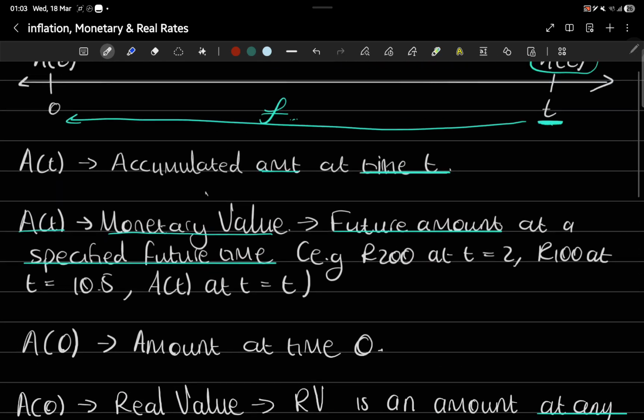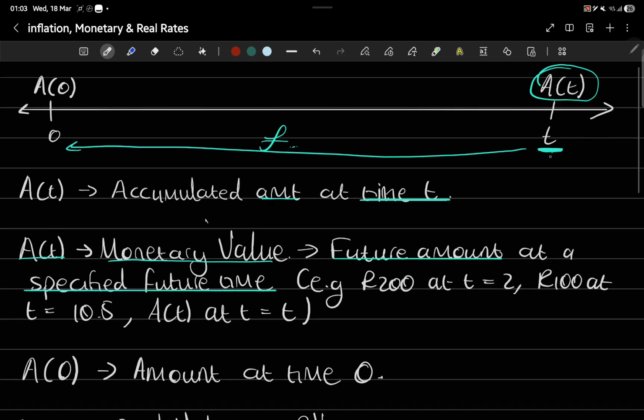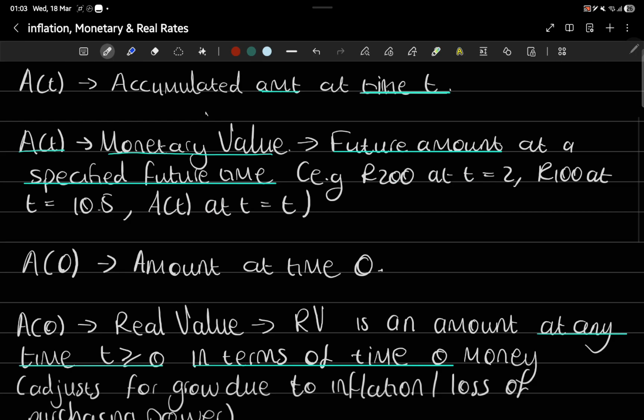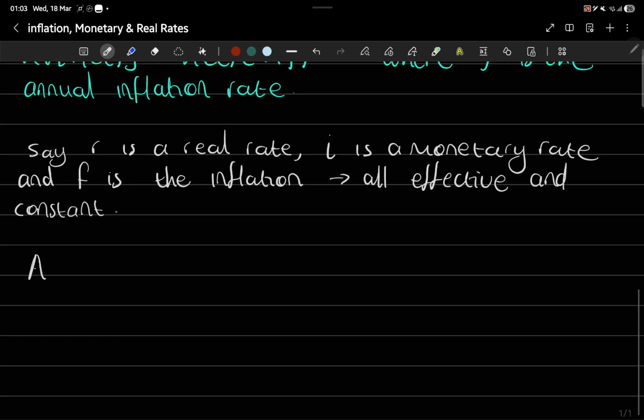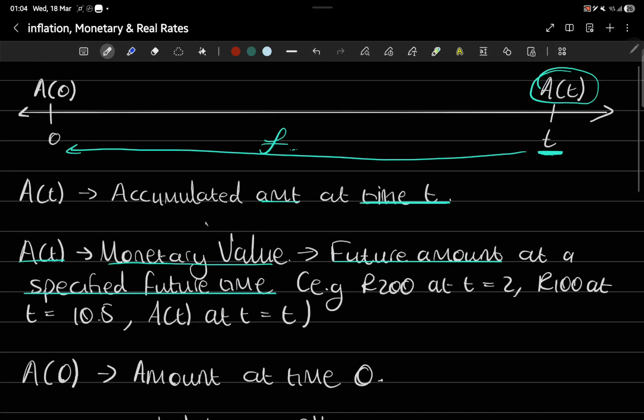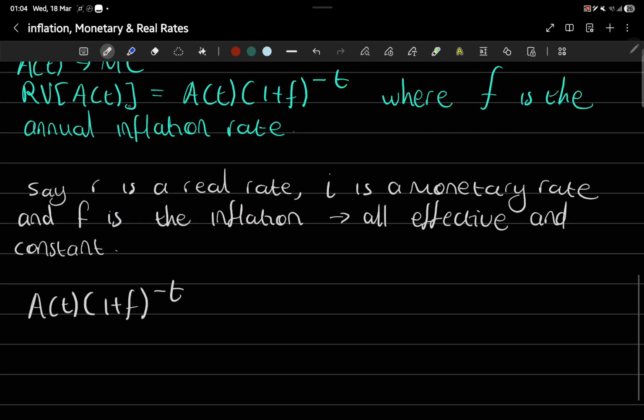So look at what we did here. When we describe the future amount At in terms of the purchasing power at time zero, we first reverse the inflation growth that happened in this period, in which case we describe At in terms of time zero purchasing power. And this gave us the real value of At, but it's still at time t.